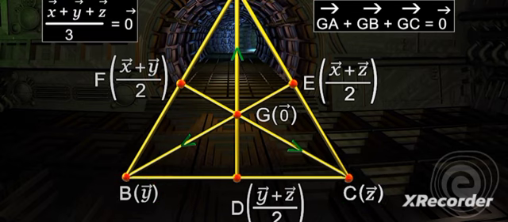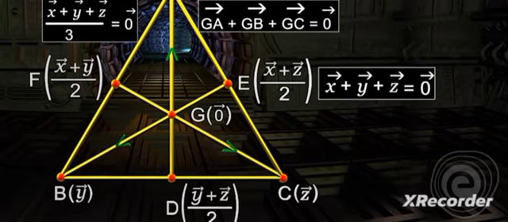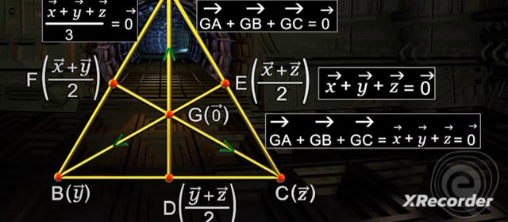Therefore, vector x plus vector y plus vector z over 3 is equal to vector 0. Therefore, vector x plus vector y plus vector z is equal to vector 0. Therefore, vector GA plus vector GB plus vector GC is equal to vector x plus vector y plus vector z, which is equal to vector 0.